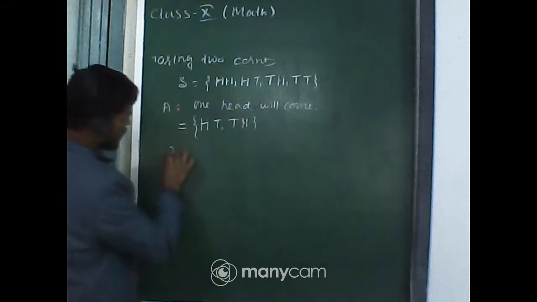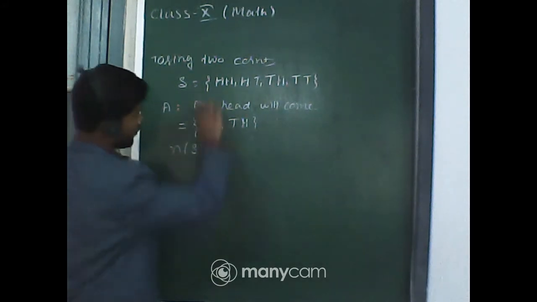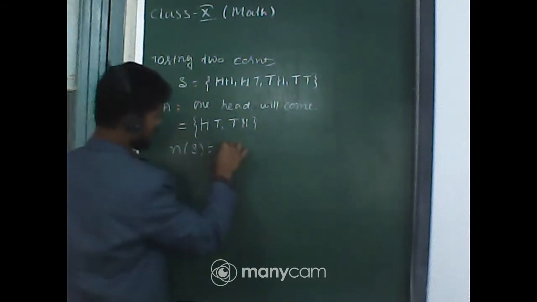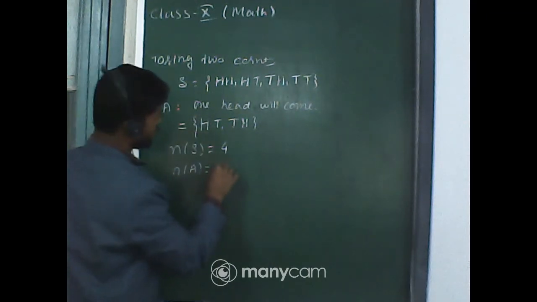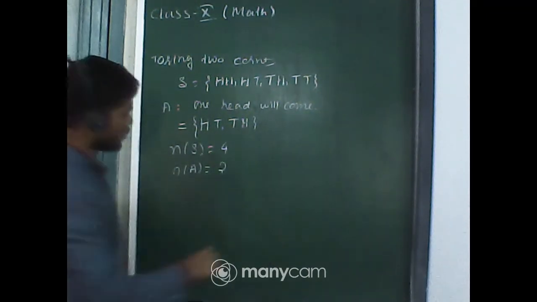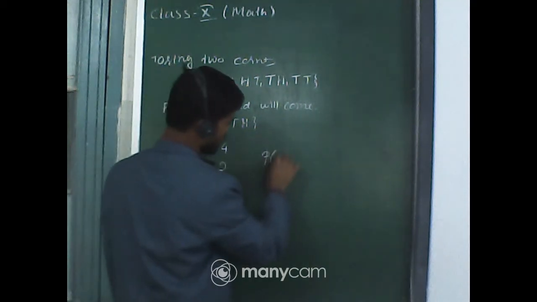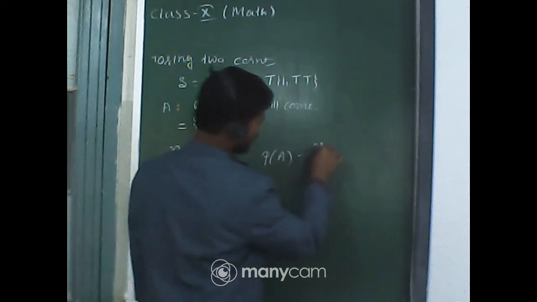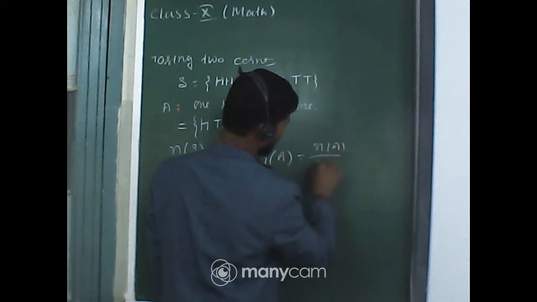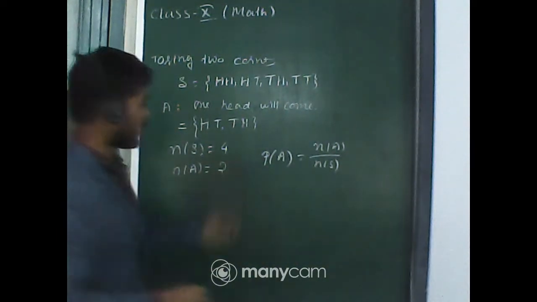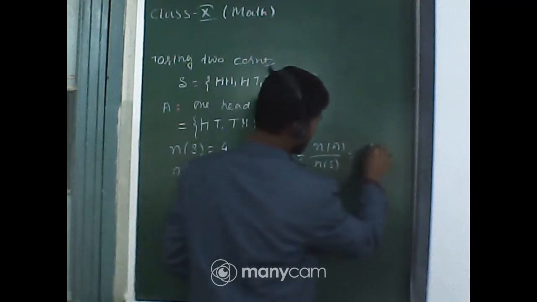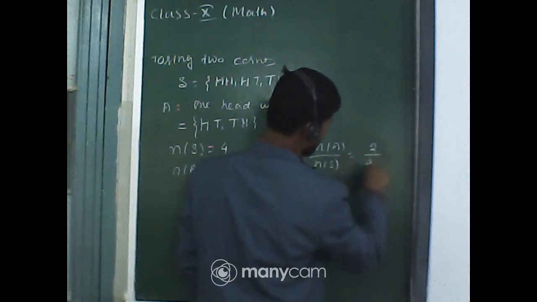Now what is the number of elements in the set S? The total sample space is 4, and the number of elements in the set A is equal to 2. So according to the classical definition of probability, P of A is equal to n of A by n of S. Now put the values: n of A is 2 and n of S is 4.